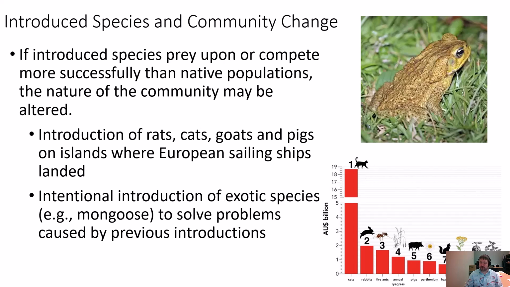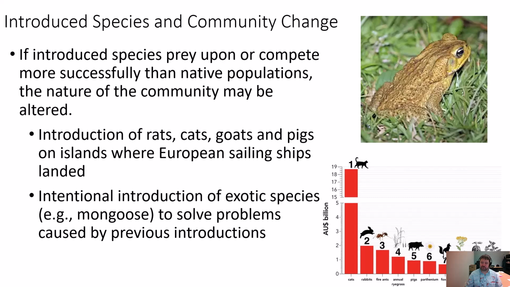Almost $19 billion has been spent or contributed to the introduction of cats. And so, as you go down from 1 to 10 on the most invasive species in Australia, rabbits were introduced to Australia. Huge problem. People were paid for every rabbit they killed for many years, and then they decided, well, there's just too many rabbits, so we're going to introduce fox.